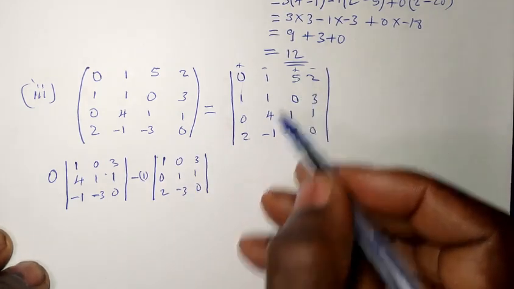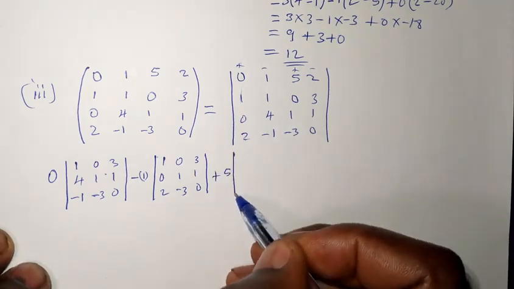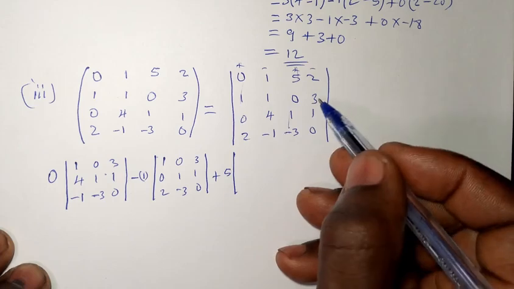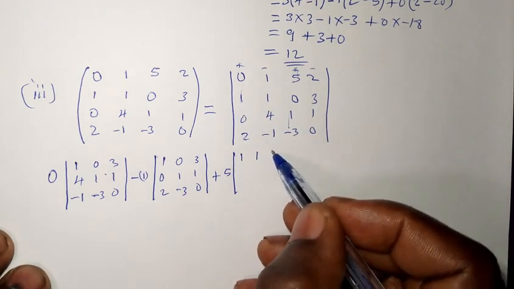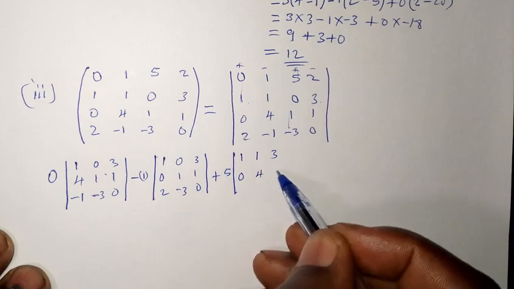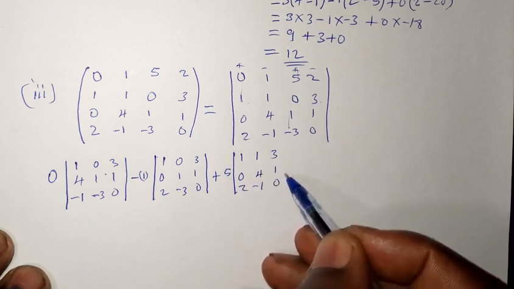So you now go to plus 5. If you take this plus 5, then you kick out this, you also kick out this. So you are left with 1, 1, 1, 3, 1, 1, 3, 0, 4, 1, and then 2, minus 1, and then 0.